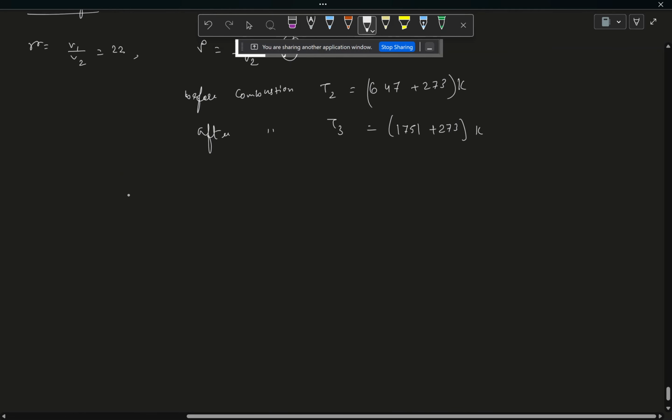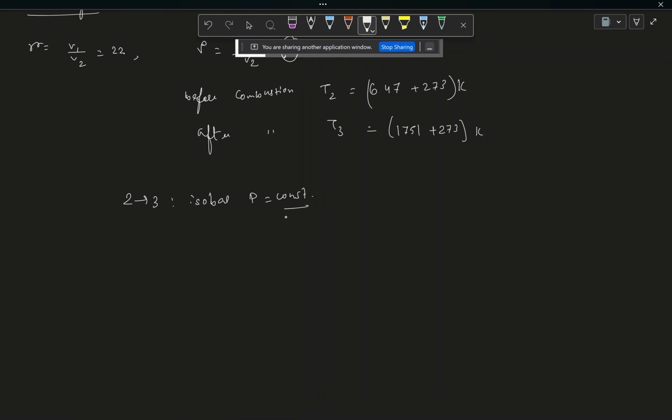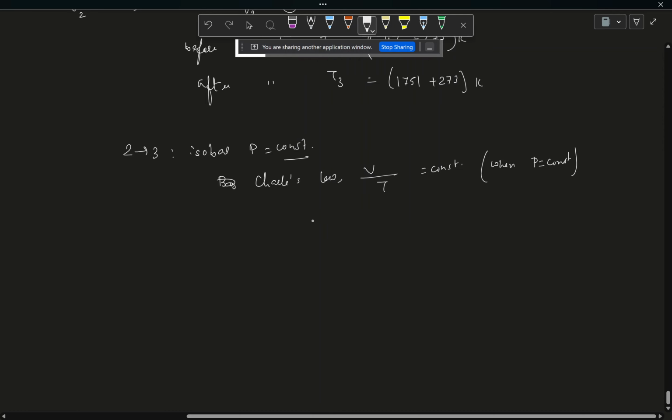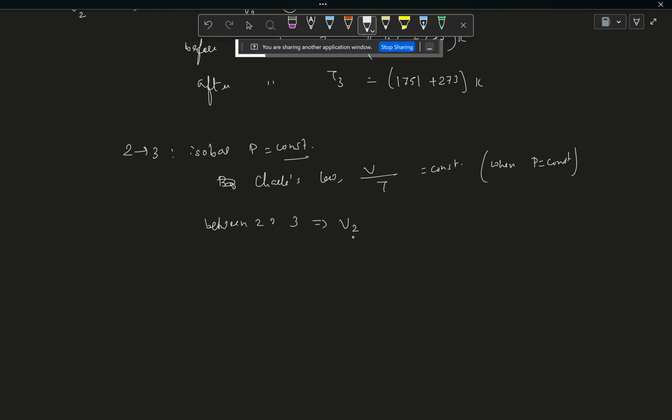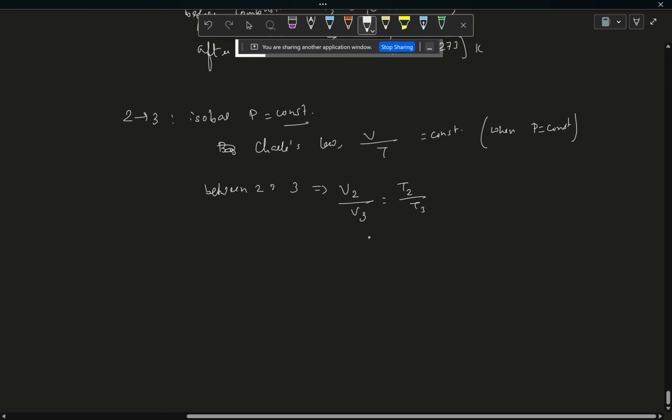For an ideal gas at constant pressure, you will use Charles law: the V by T ratio is constant. That means between points 2 and 3, V2 by V3 will be the same as T2 by T3.